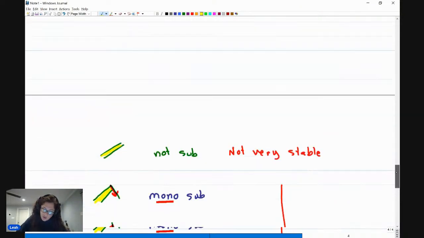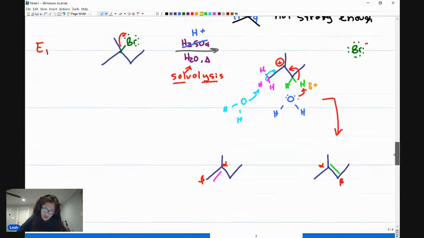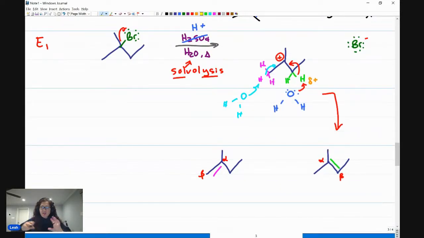If we then look back at the reaction here, just comparing the stability of the pi bonds, let's use the highlighter trick. I have this right here and this right here. The one on the left has only 1, 2 substituents. The one on the right has 1, 2, 3.